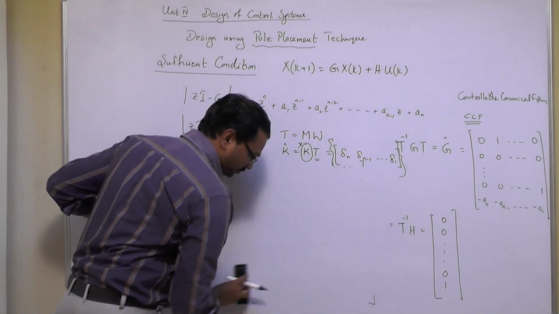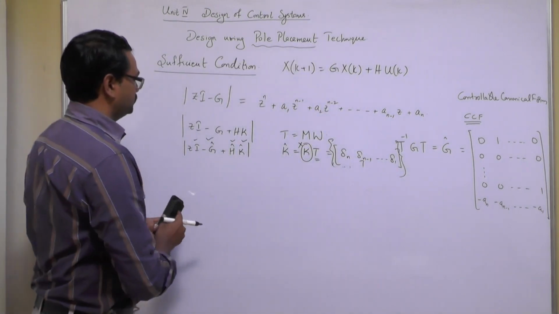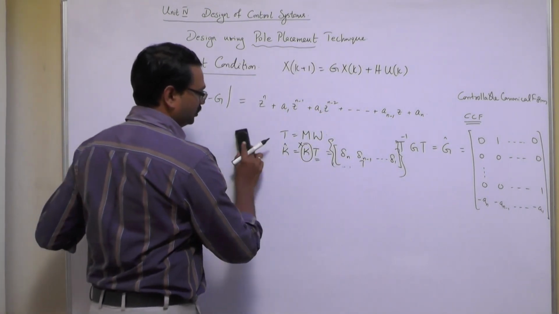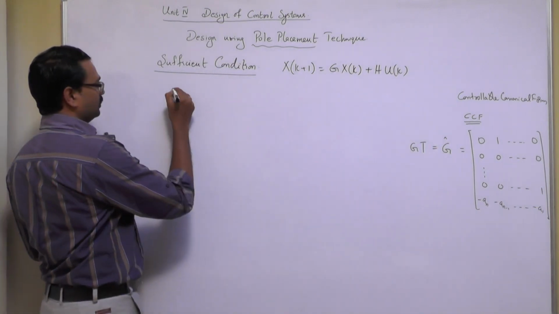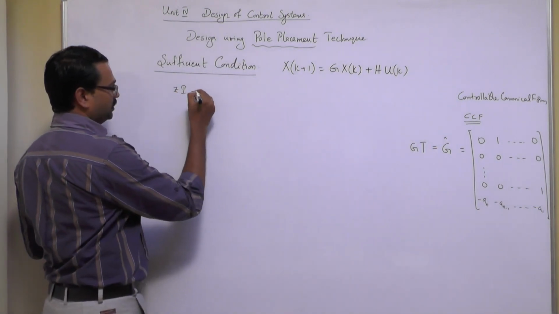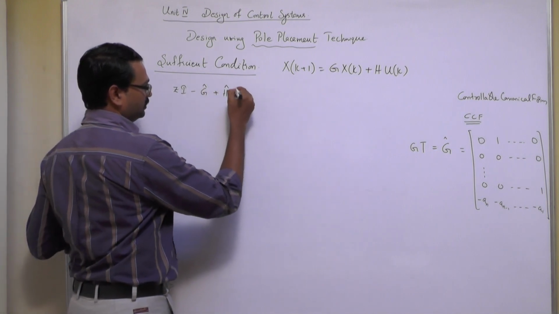Then we can find the matrix for this transformation. When we have transformed these equations, we will be getting the determinant of zI minus G cap plus H cap K cap.